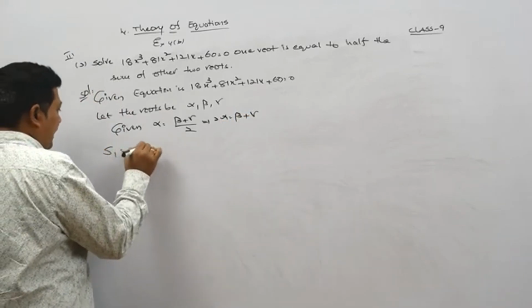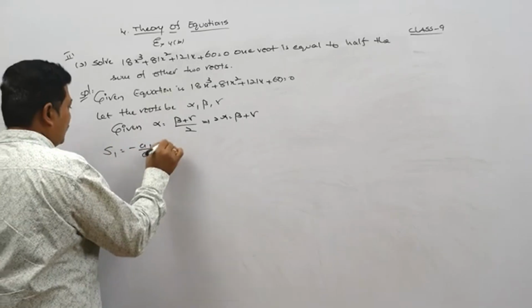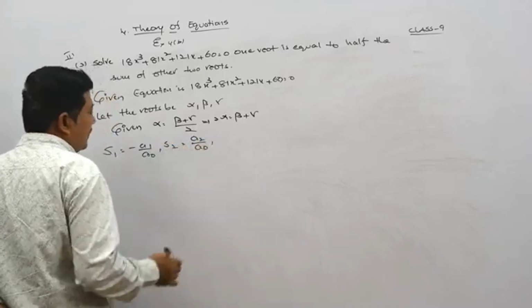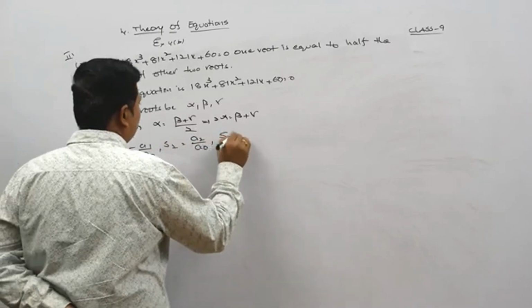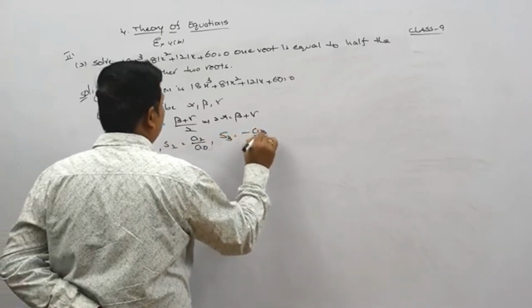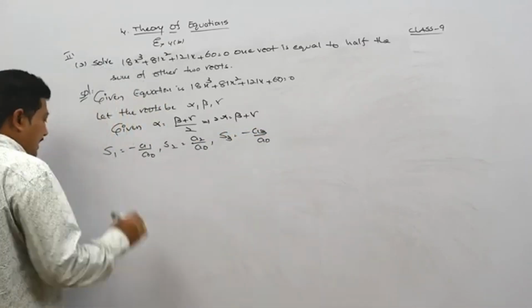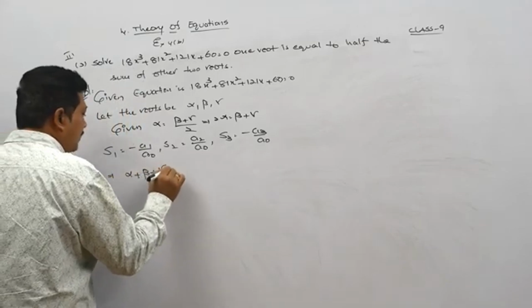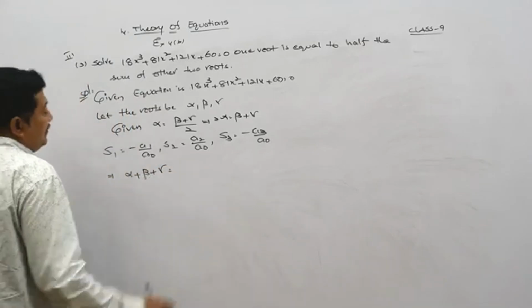S1 is equal to minus A1 by A0, S2 is equal to A2 by A0, S3 is equal to minus A3 by A0. Now here S1 means alpha plus beta plus gamma is equal to minus A1 by A0.